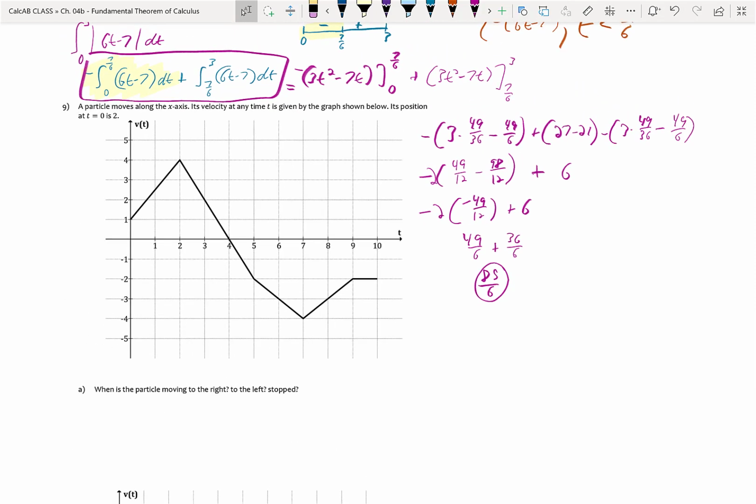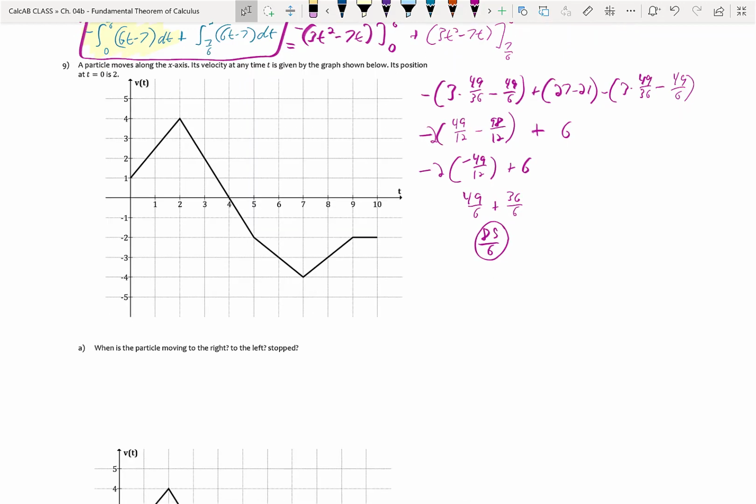Number 9, a particle moves along the x-axis. Its velocity is given by the graph shown below, and its position at time t equals 0 is 2. When is the particle moving to the right, to the left, and stopped? Easy enough, right? When's it moving to the right? Right is from 0 to 4.